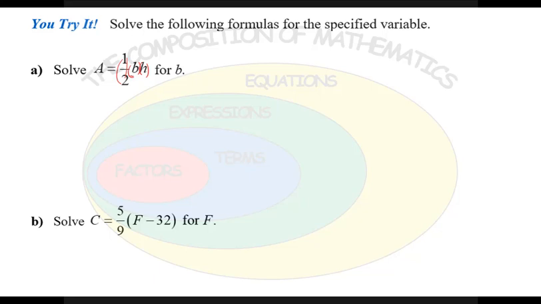So to get rid of factors, we want to multiply by the reciprocal to cancel them. So if we have this factor of 1/2, we want to multiply that by 2 so that it will cancel.